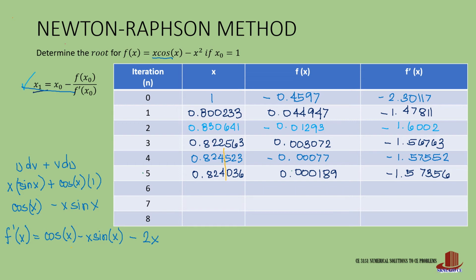By plugging the values, we get 0.824156. F of x turns out as negative 0.4047 and f prime of x would be 1.57405.